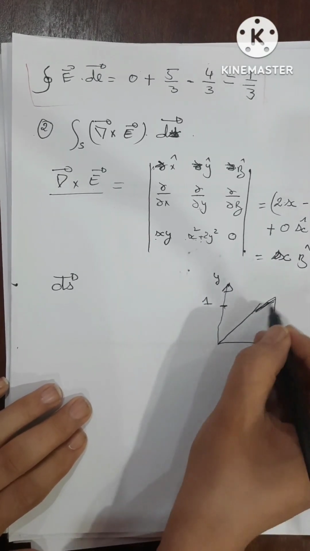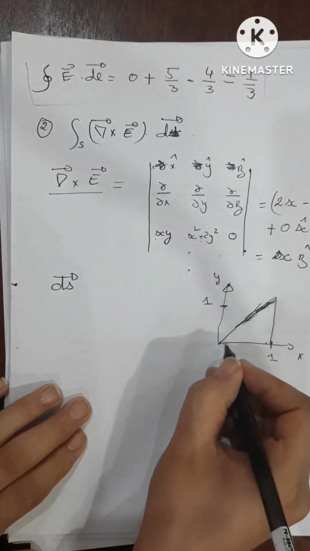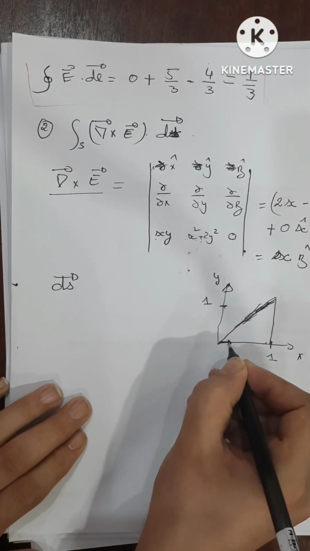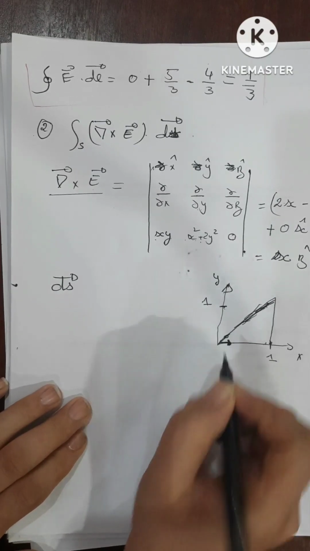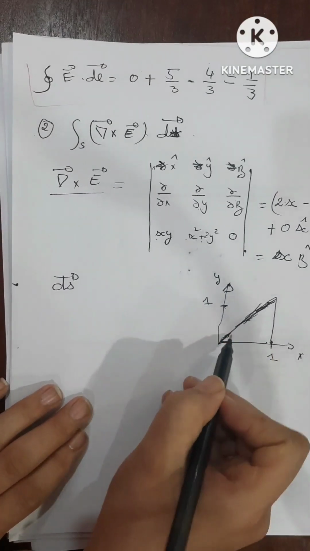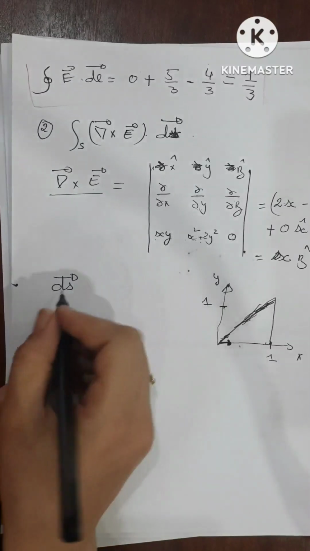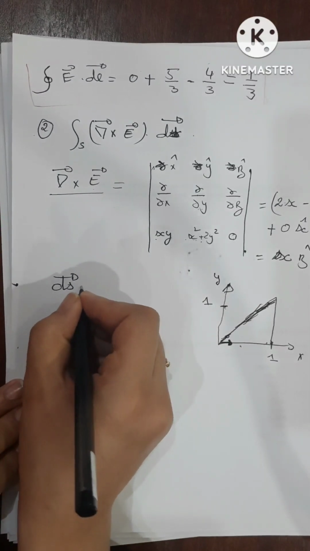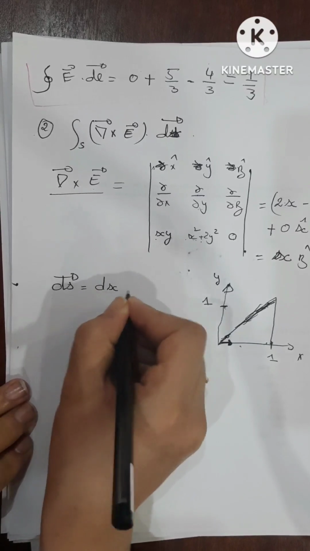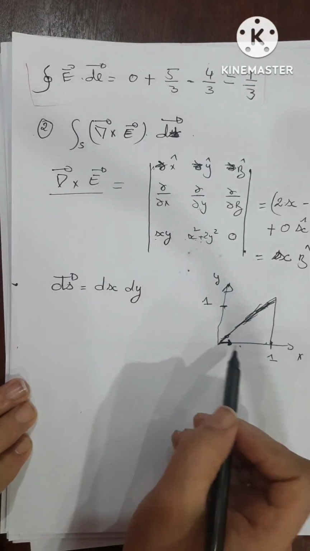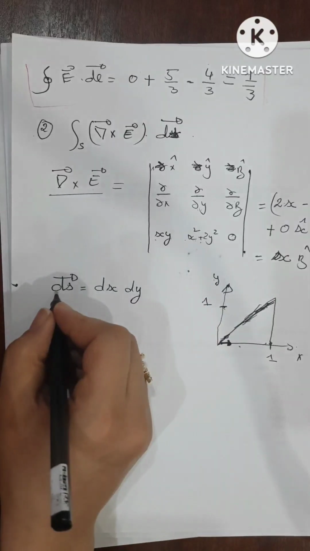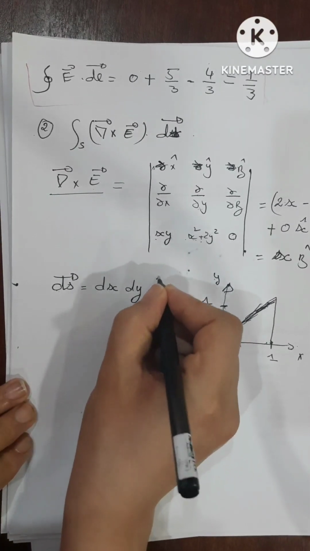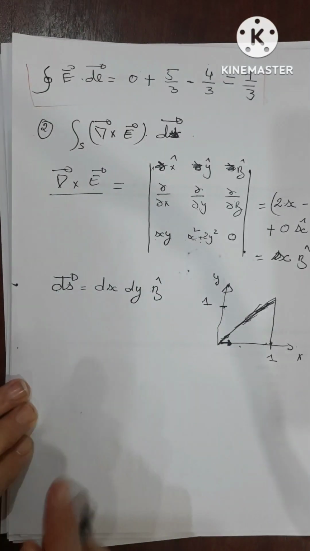Okay, so ds is dx dy, but our y is a function of x. And of course we are in the xy plane, so ds follows the direction of z.